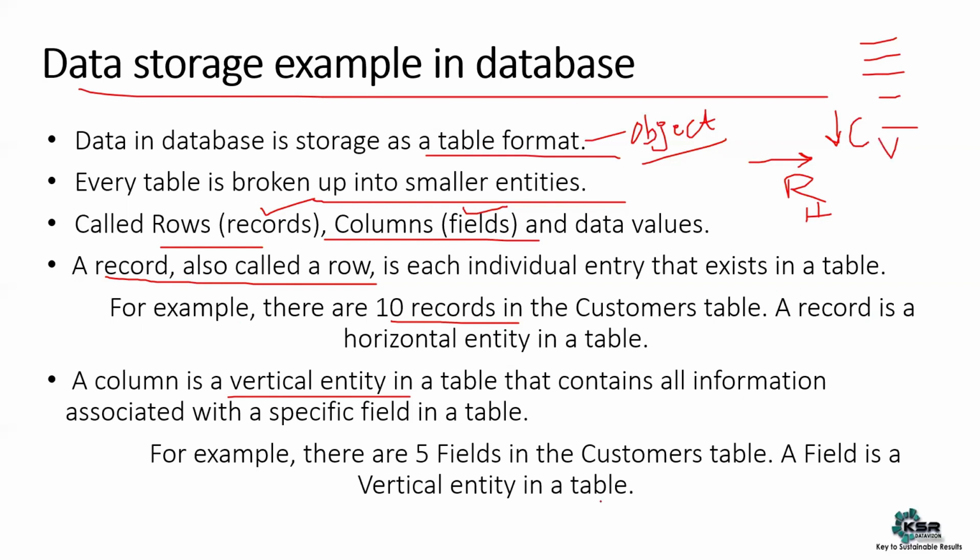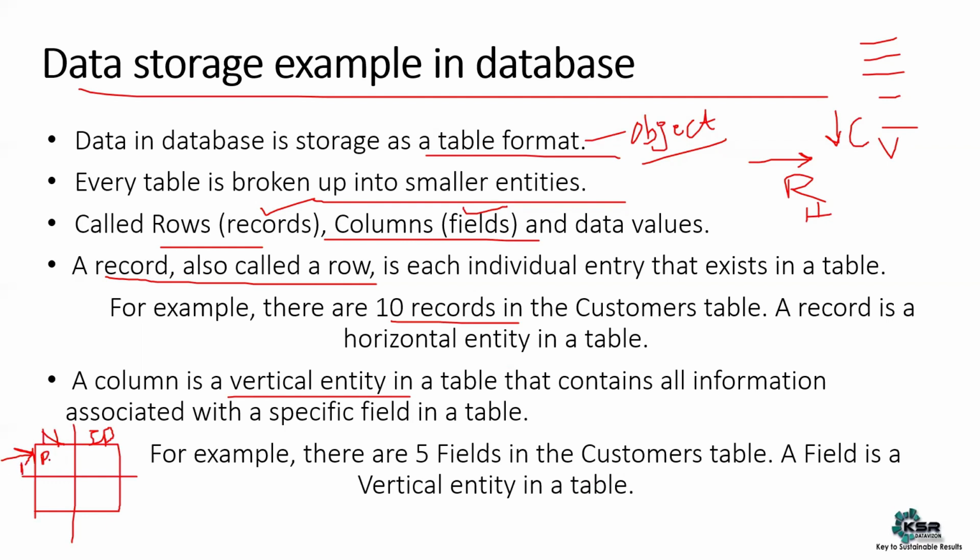Now, the question is, there is a slight difference. What is that difference? Assume that this is a table, this is a row, and this is a column. A row can be one complete set. It can be name, it can be ID. This is one row or one record.